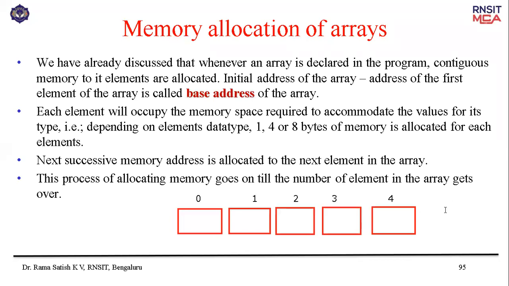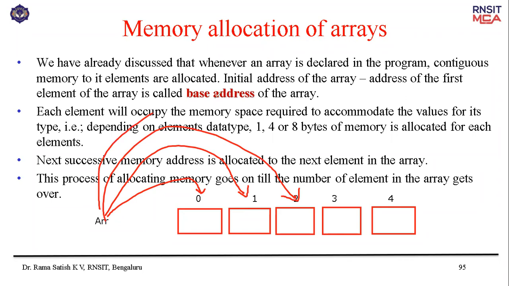Remember one thing, if the entire array is called by a name, for example ARR, then ARR of 0 means the first cell, ARR of 1 is the second cell, ARR of 2 means the third cell, and ARR of 3 is the fourth. You can refer to them like this.